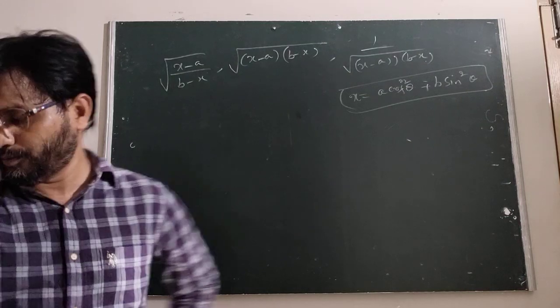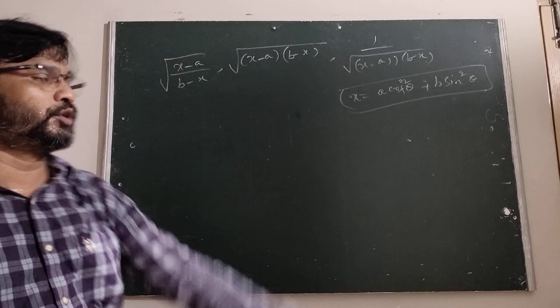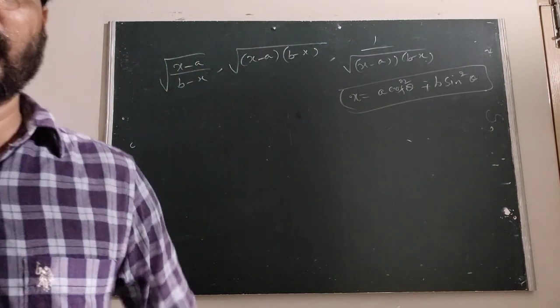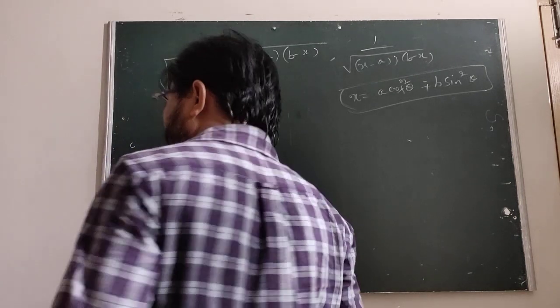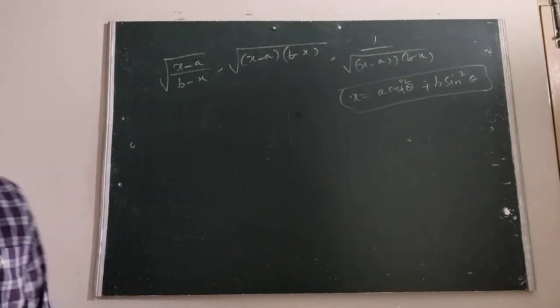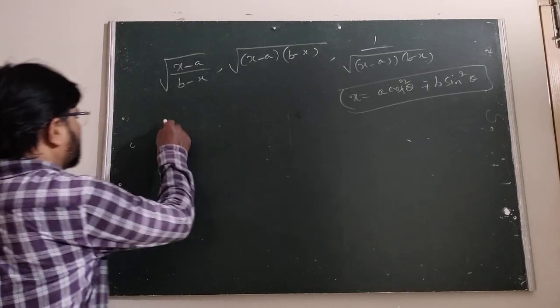Here, the suitable substitution in this case is x equal to a cos square theta plus b sin square theta. Now we are going to discuss x minus a by x minus b. In this case, we have to take only x equal to a secant square theta minus b tan square theta.